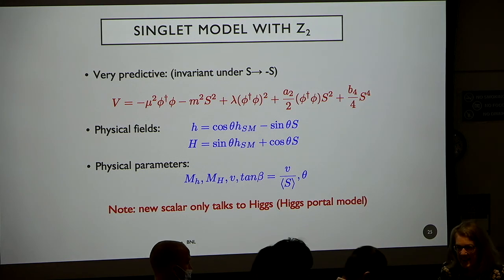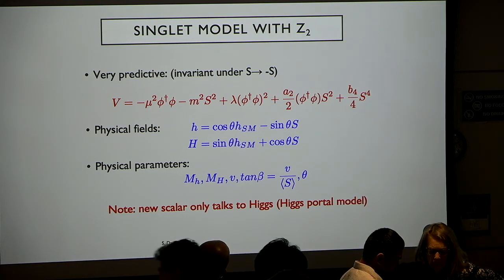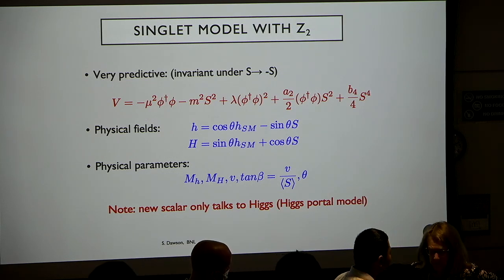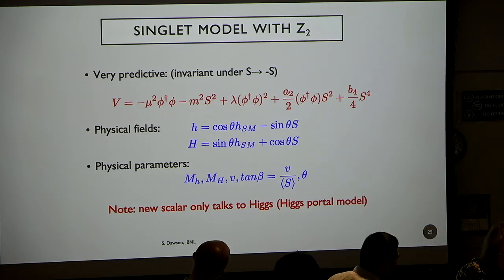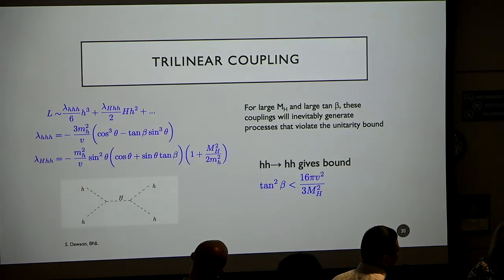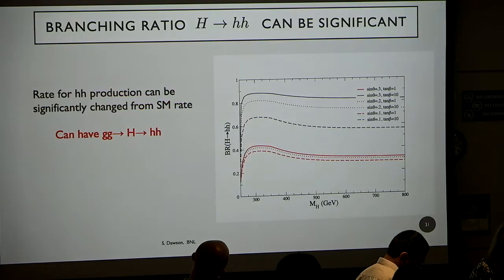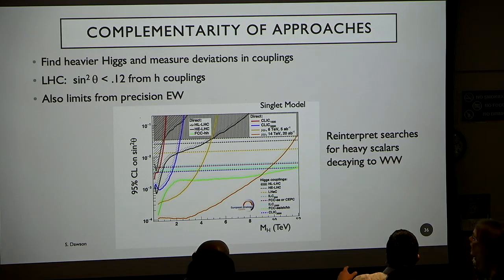Yeah, I'm a little bit worried about this plot where you are showing the singlet model limits. If I fix the energy of my collider, shouldn't the limits go like this, because the sensitivity will decrease at higher masses, right? Because I will get a smaller number of... Oh, where are we here? It's slide 36.